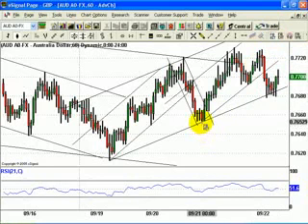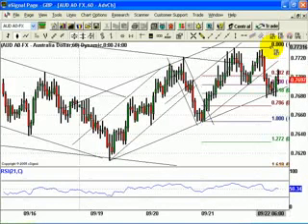And if we did, we would expect the market to find support somewhere in this level between 0.382 and 0.618, which we are finding right now. So this could be an indication that the market is about to make its next leg up.